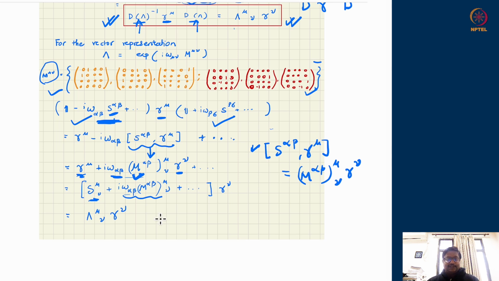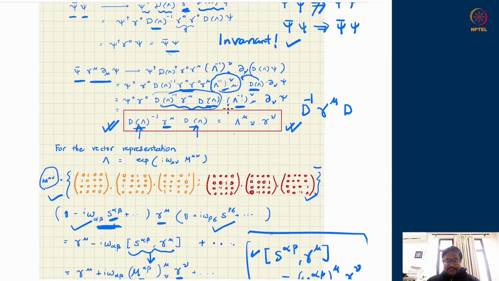To sum up, if this identity is true, then you can go back and use this identity over here. Therefore, this will become a lambda mu nu gamma nu, and this lambda mu nu and lambda inverse nu mu will give me an identity matrix.